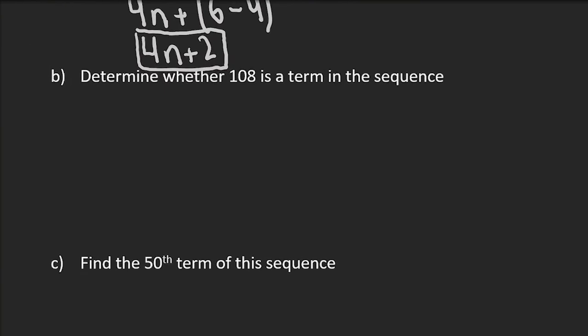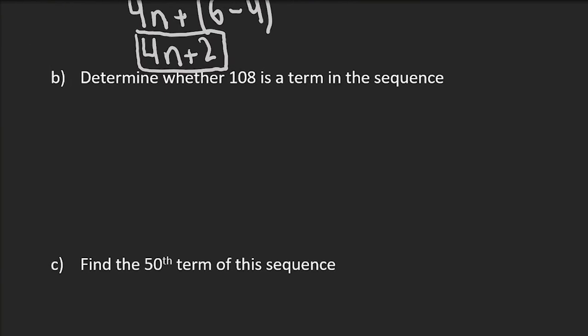Now the next question says, determine whether 108 is a term in the sequence. In order to do this, we would say that 4n plus 2 equals 108. If 108 is a term in the sequence, when we solve for n, we should get a positive and whole number value. So let's solve this.